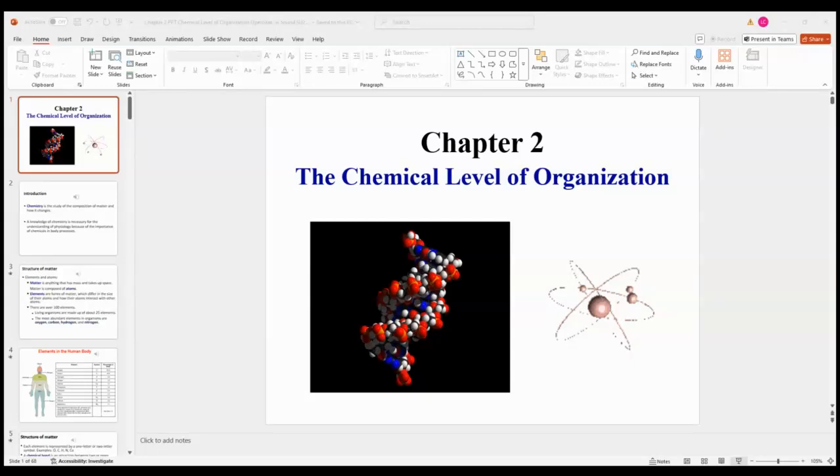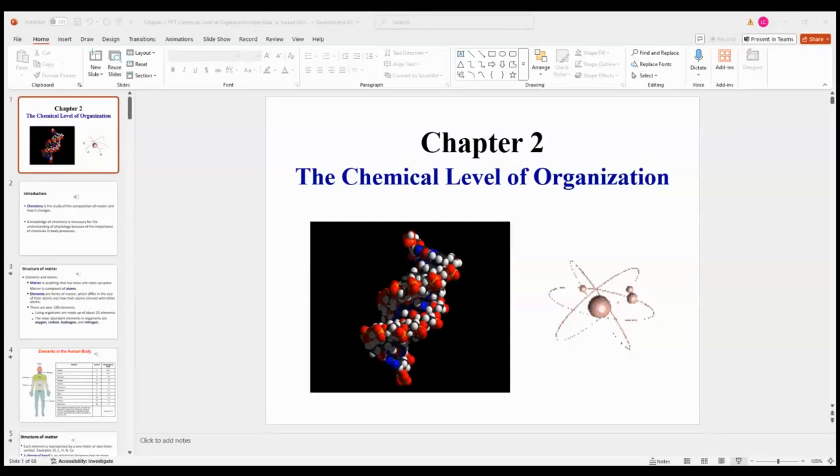So that's what this is, it's just a chart with all the elements on it, and every element has a symbol. That's 1 or 2 letters, in a few cases three. So it's a capital letter and a lowercase letter, and in some cases 2 lowercase letters.